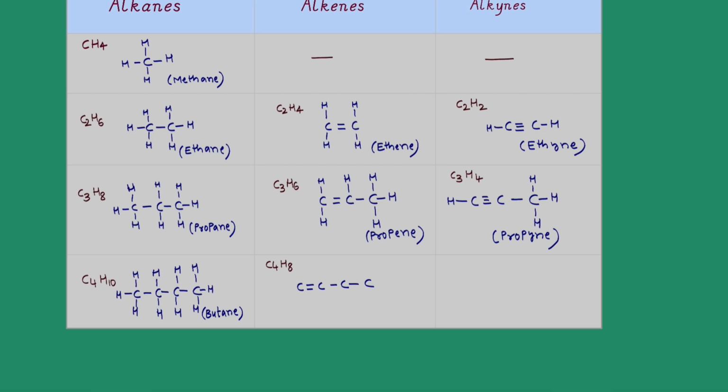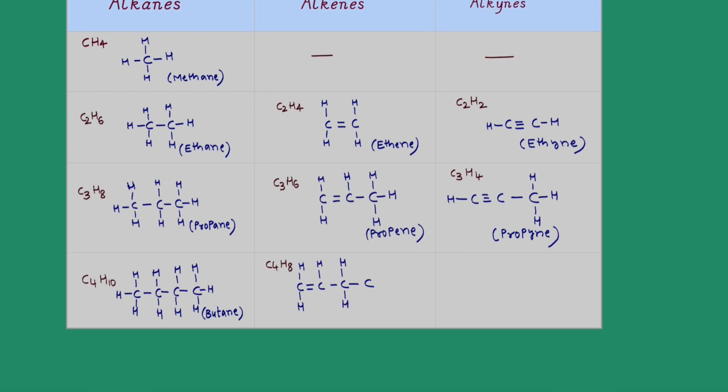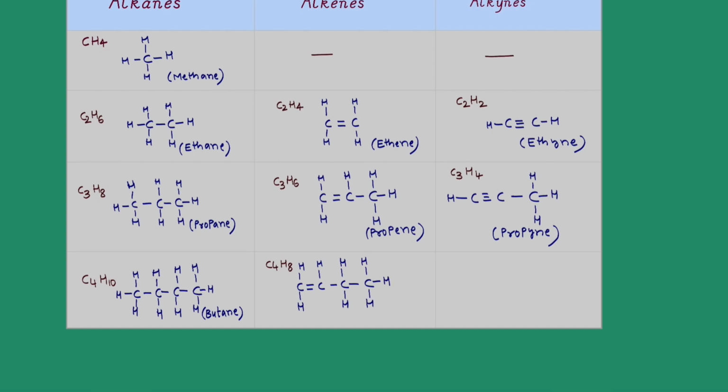On the first carbon already two bonds are over, so two more hydrogens. On the second carbon we already have three bonds, so we can draw only one hydrogen. Now four bonds are completed. On the third carbon, two bonds are over, so we have to draw two more hydrogens. On the fourth carbon we can draw three hydrogens. So like this we can draw butene.